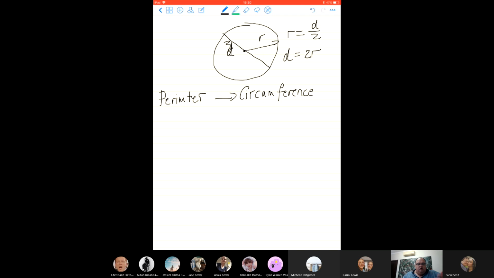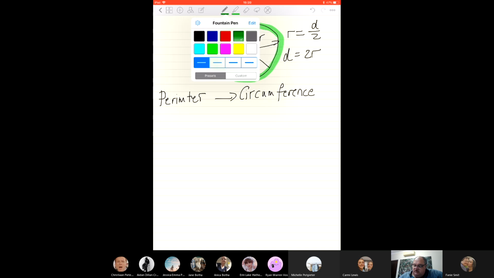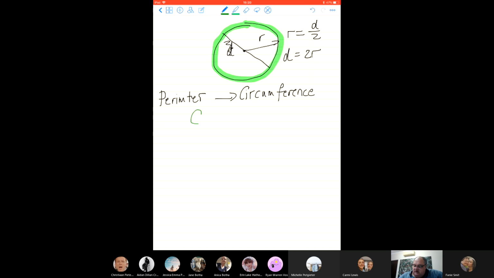But for a circle, we call it circumference. And your circumference for a circle is all the way around. The circumference of a circle is equal to 2 times pi times radius. That's my circumference, 2 pi radius.